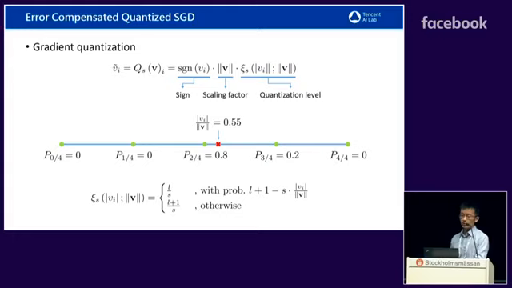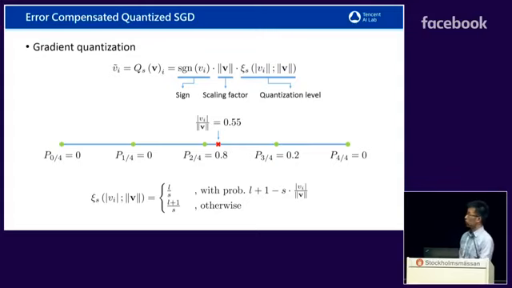The quantization level is computed as follows, which is given by the equation at the bottom of this slide. We first normalize the absolute value of Vi and divide it by the scaling factor. And we will choose a quantization point based on this normalized value.